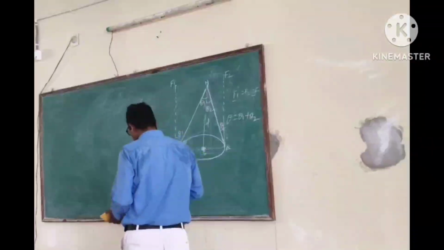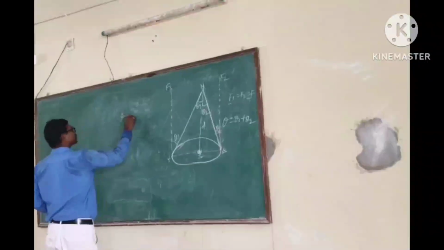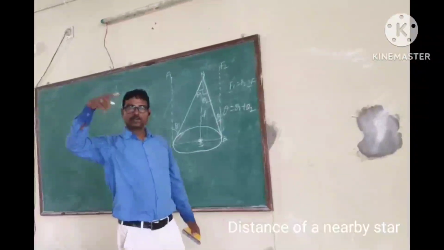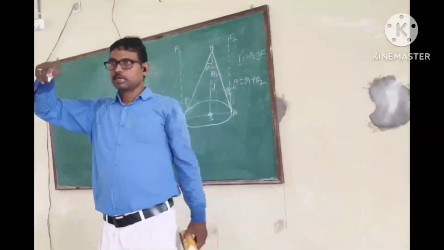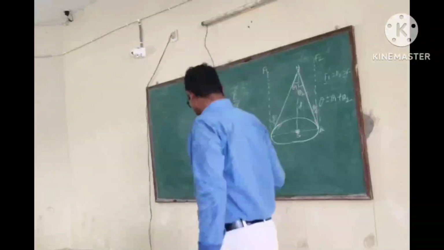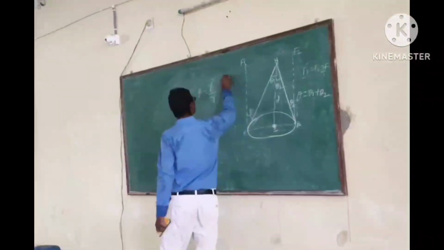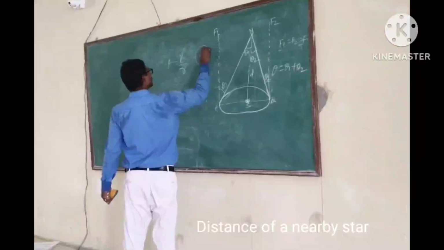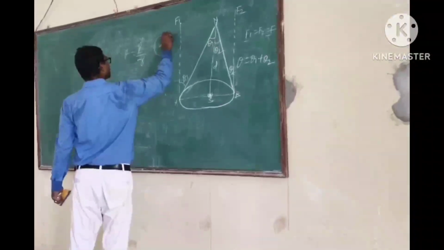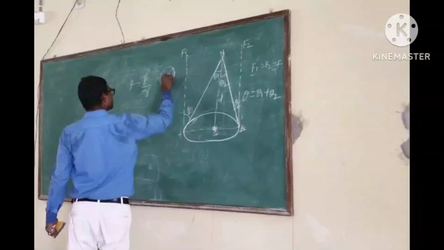So you know theta is equal to arc by radius. Length of arc and the circle: when a body moves in a circular path, it makes an angle theta. When the body is here, and at theta the body is here, it makes angle theta.